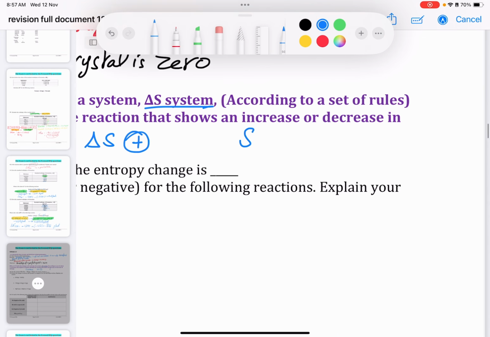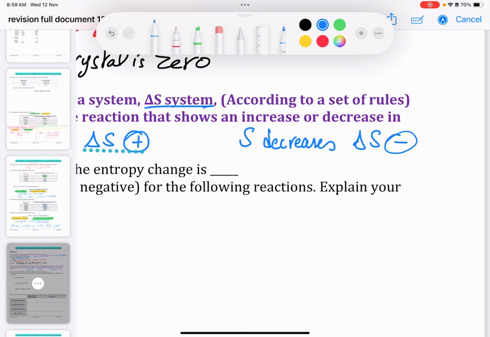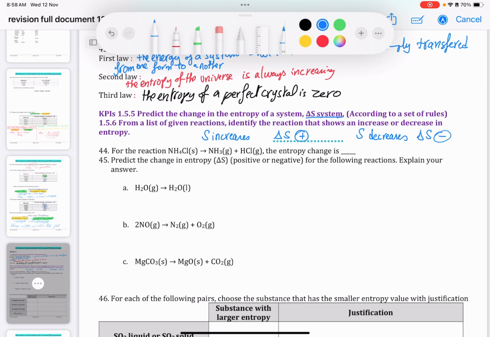If the entropy of a system from before to after decreases, it means the entropy change is negative. Always remember that entropy is the degree of randomness, how things became more chaotic, more distributed, more disordered. So all of these mean entropy.